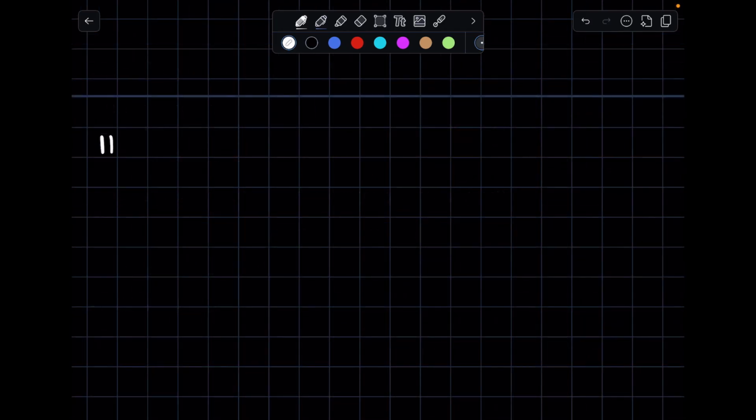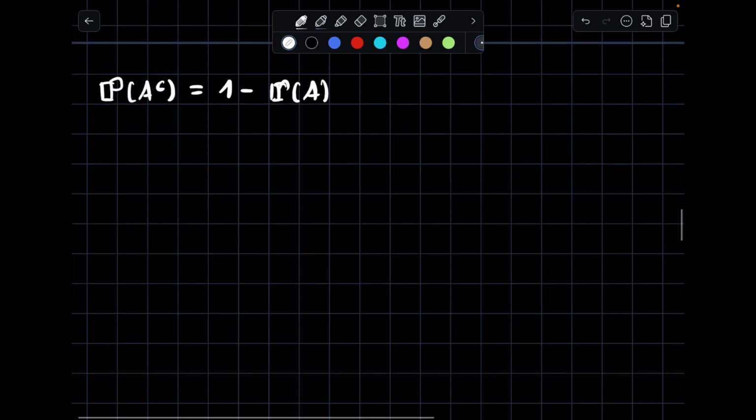Okay, so we're gonna prove now that the P of A complement is equal to 1 minus P of A, right? So how do we declare this? Simply put, we just take that the P of omega, which is the whole sample space, is equal to the union of these two, right?